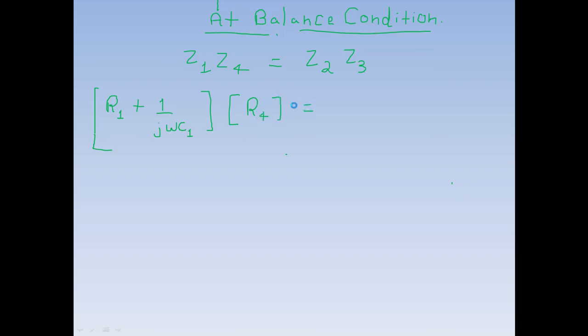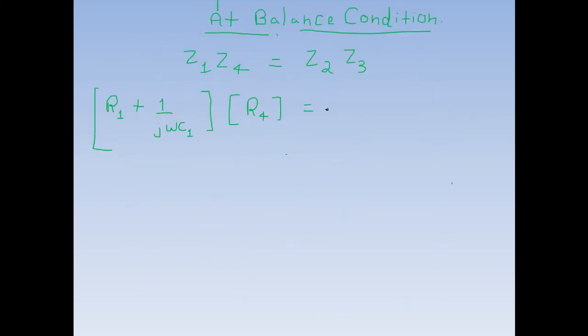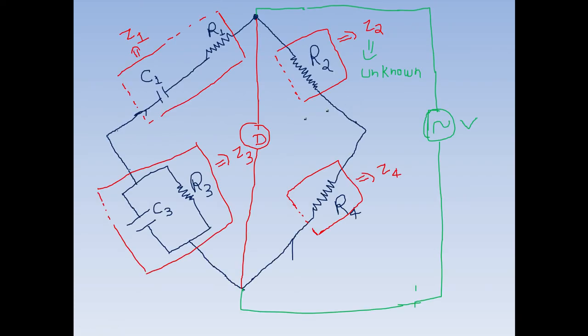Then Z2. Z2 is having resistance R2. And at last Z3. Z3 is having resistance R3 in parallel with C3.